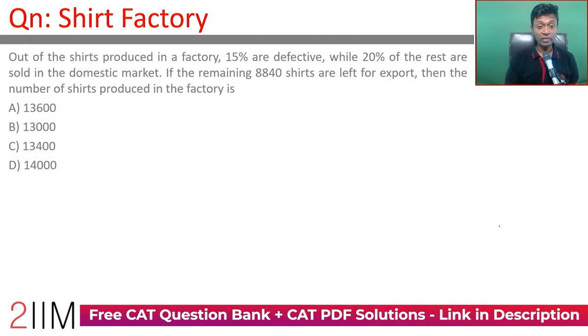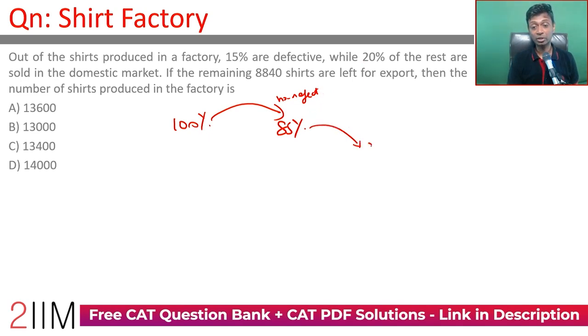Of the shirts produced in a factory, 15% are defective, while 20% of the rest are sold in the domestic market. So 100% to start with, 85% is non-defective, 80%, 20% are sold in the domestic market.